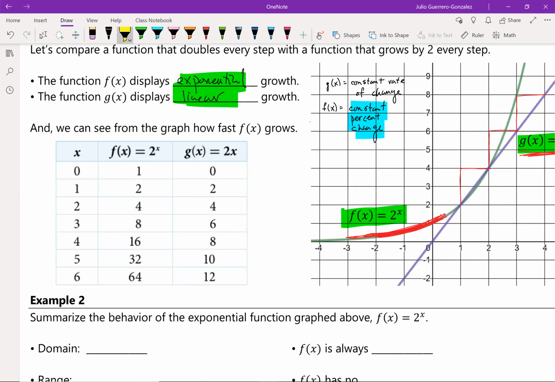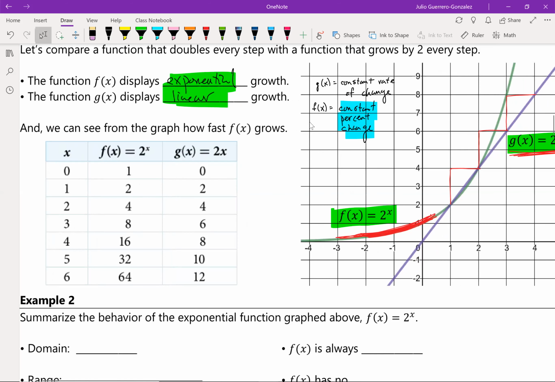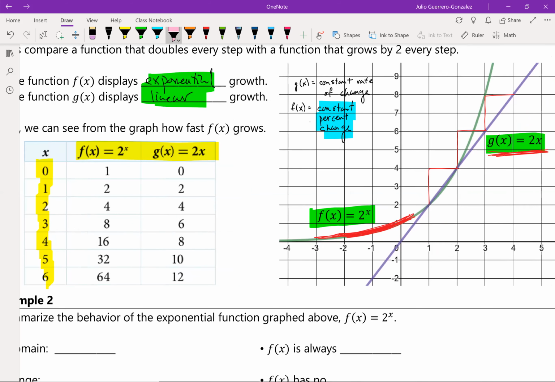Notice that they still grow in the same manner, but depending on which one you look at, they grow very differently. The linear one is going up by 2 for every 1 x. Does that make sense?